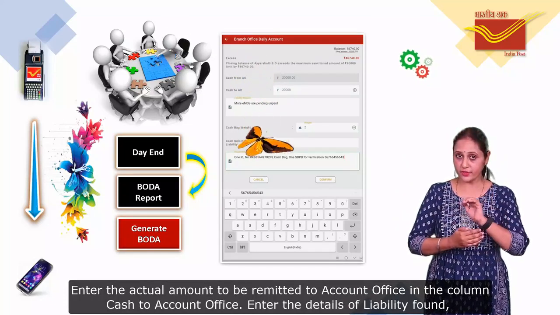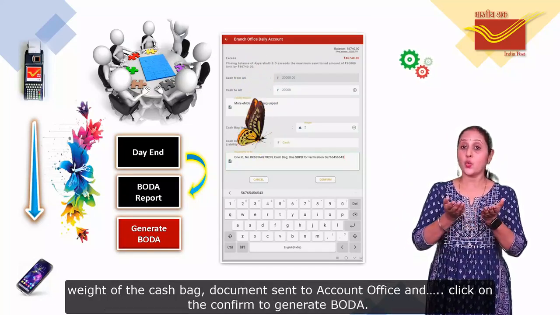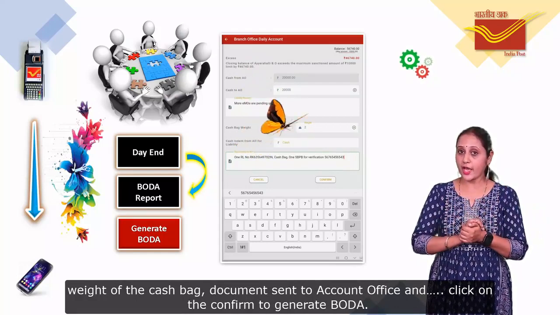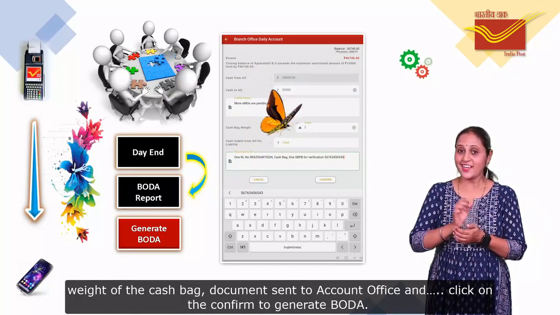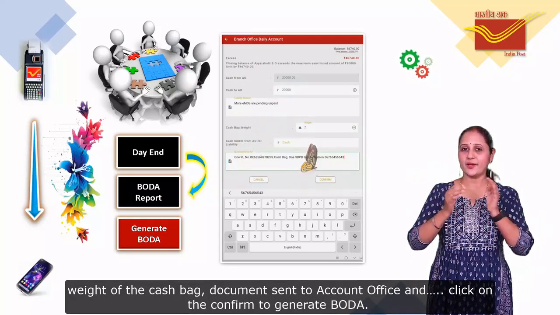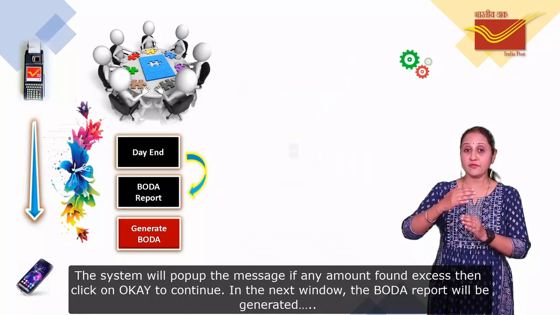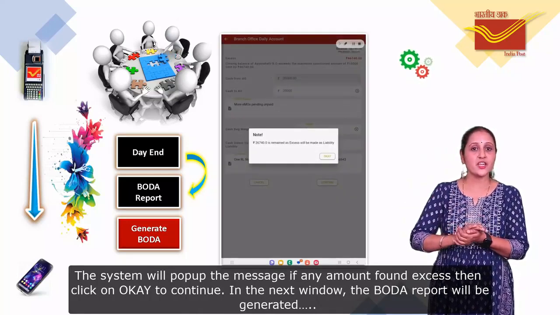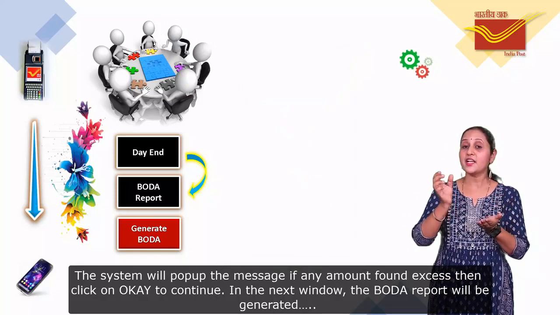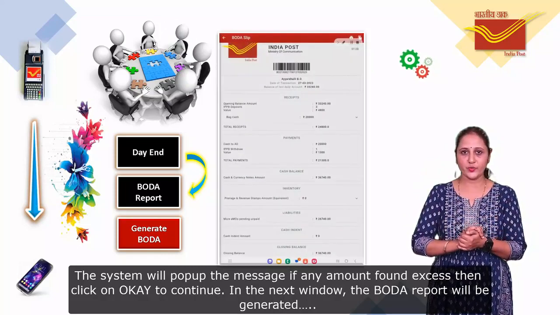Enter the details of the liability form, weight of the cash bag, and documents sent to the account office, and click on the confirmation to generate BODA. The system will pop up the message. If any amount is found excess, then click on OK to continue.